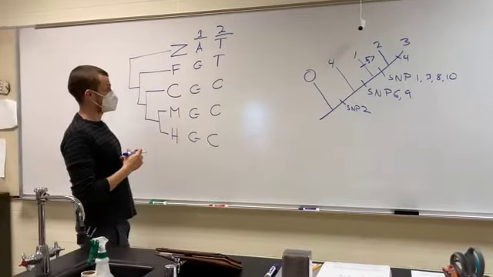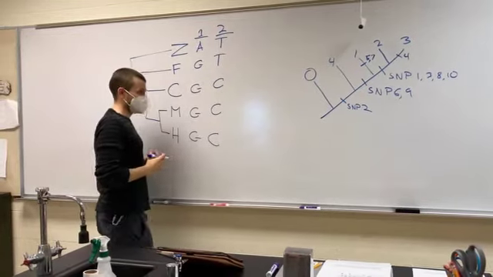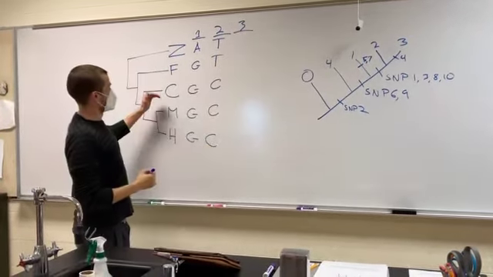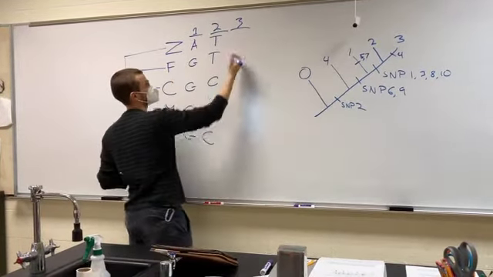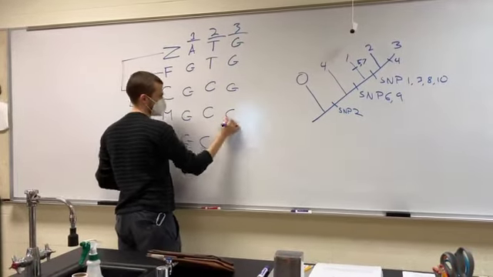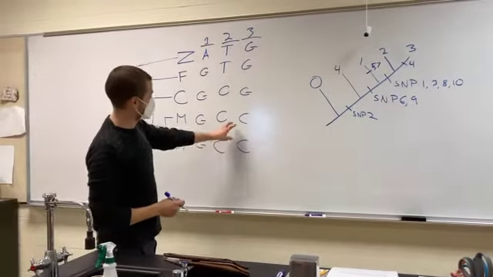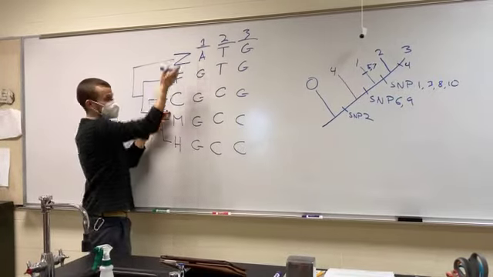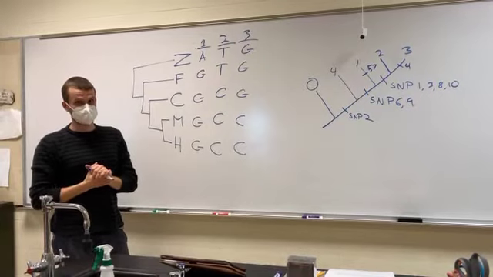In order to establish these groups, basically you can design a structured problem where the next site, if we want to group together mice and humans, you need zebrafish, frogs, and chickens to share an allele. Let's give them all a G. Let's say that mice and humans inherit a C. So what you should be noticing is that these shared SNPs that are different from our outgroup allow us to establish a hierarchy of relationship.